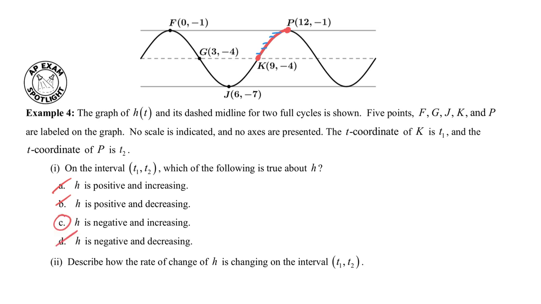What is the rate of change? What is the slope doing here, all right? And again, if you look at this, you're going up. If we take a look at these slopes, what's going on here? We could keep going. Our slope is actually decreasing.